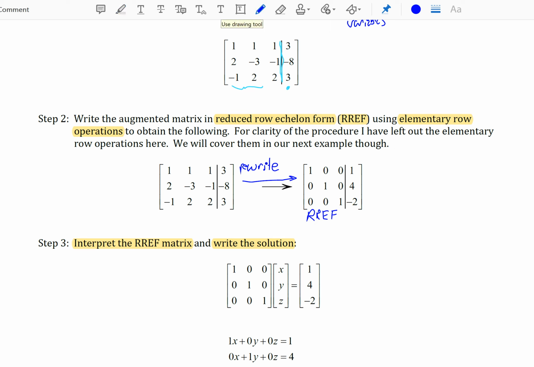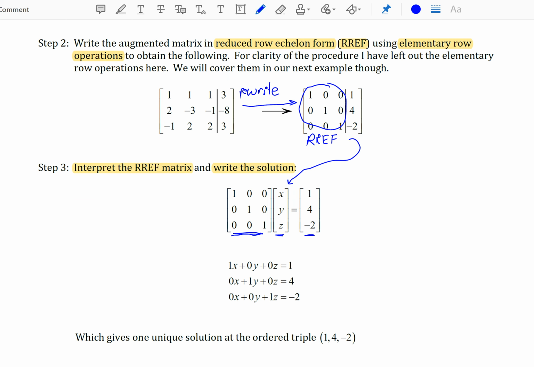So now recall, we'll take this augmented matrix and reinsert your column vector of variables. So this would be your coefficient matrix on the left-hand side, times your vector of variables equals the right-hand side of your augmented matrix.